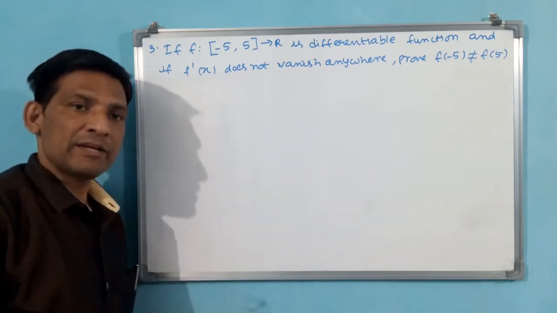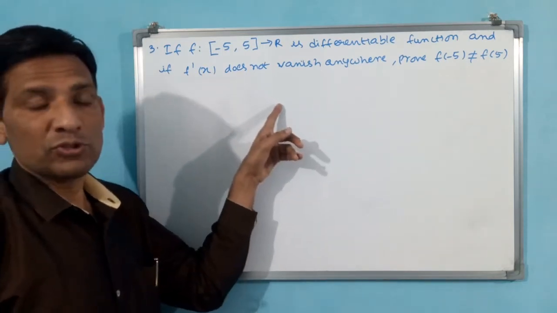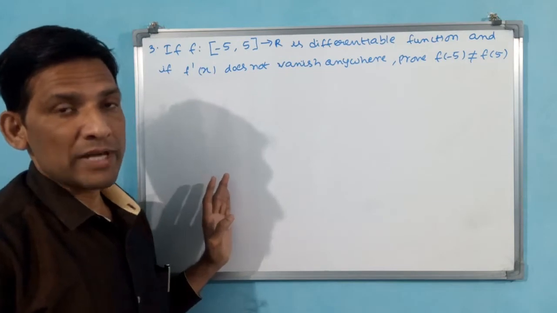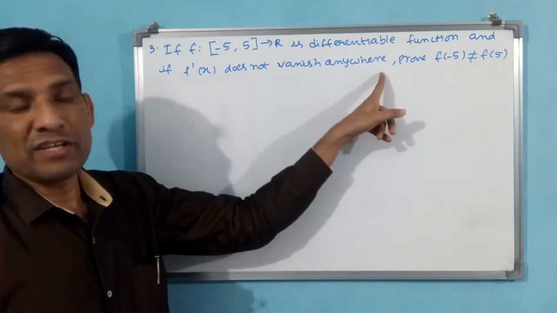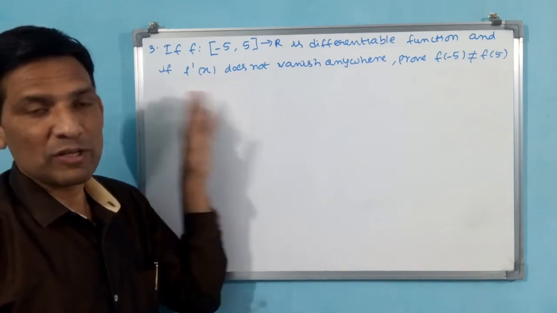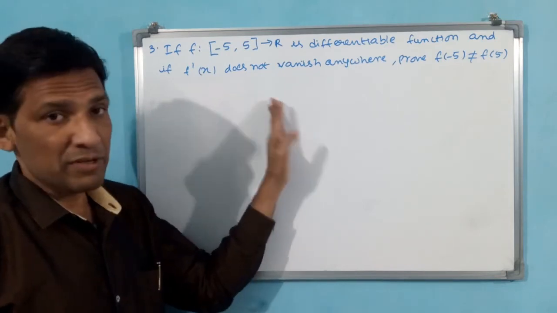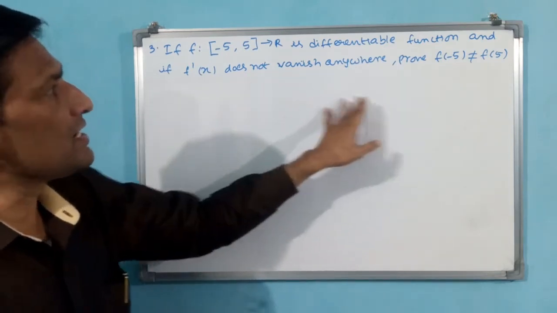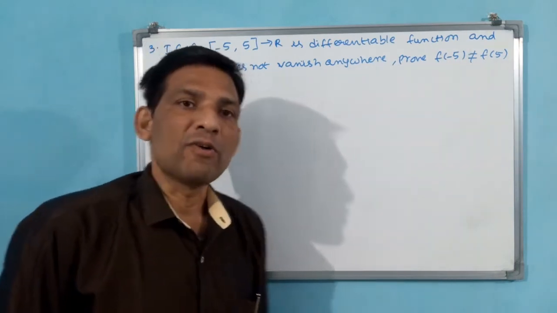If f dash is equal to 0, we can say this is going to satisfy Rolle's theorem. But does not vanish anywhere means not equal to 0. f dash x is not equal to 0, that means f dash c is not going to become 0. Then it is going to satisfy the mean value theorem. If that is the condition, then prove f of -5 is not equal to f of 5.